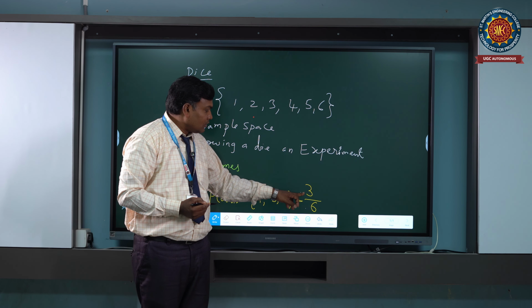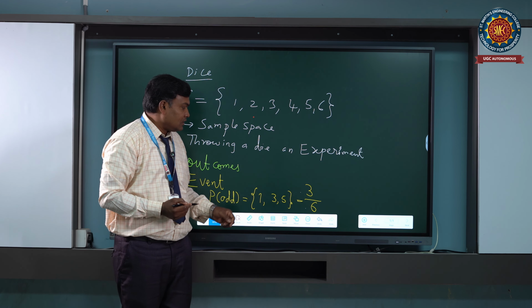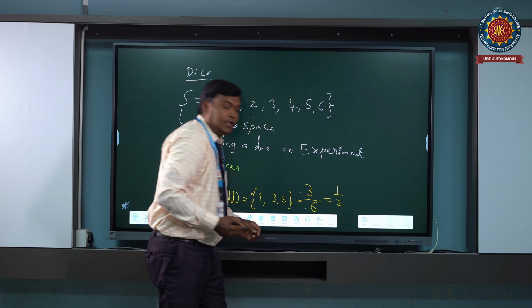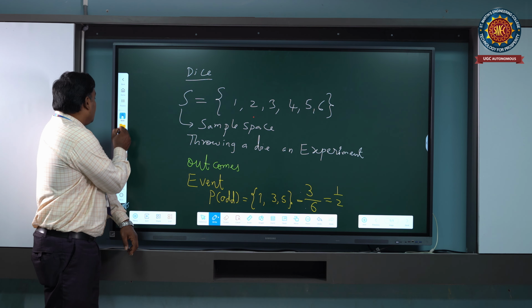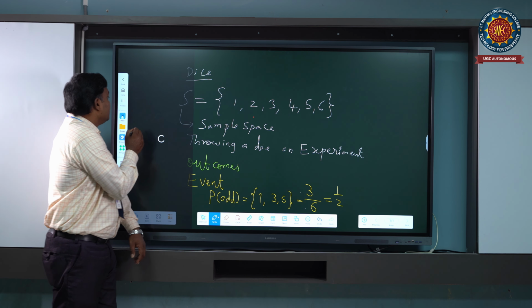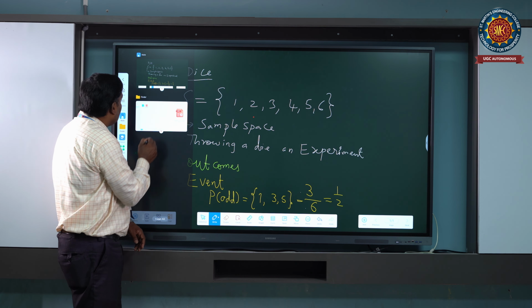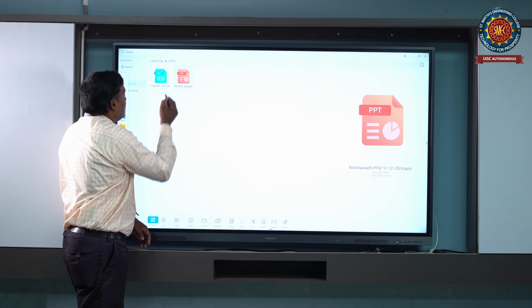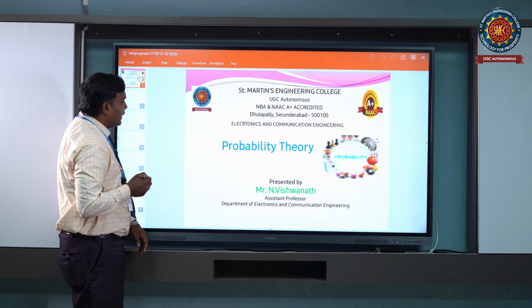So favorable outcomes are 3 and total outcomes are 6, which equals 1 by 2. This is called the simple probability definition. Many examples we will see in our daily life regarding probability.